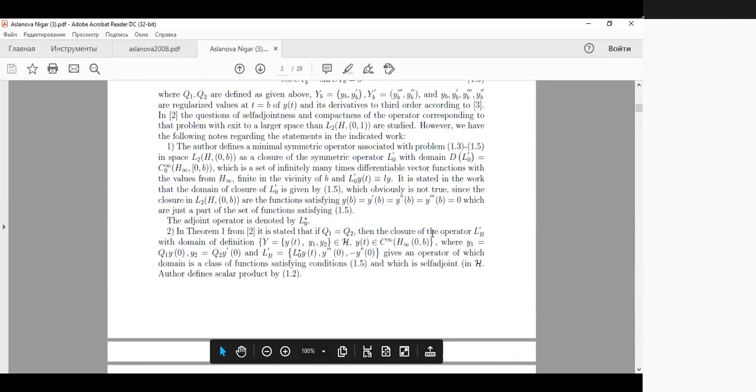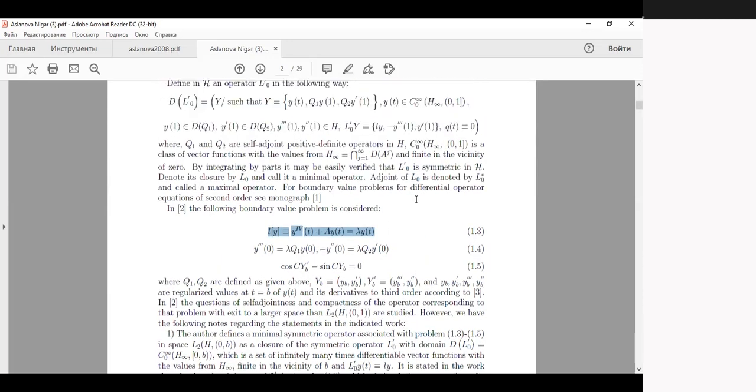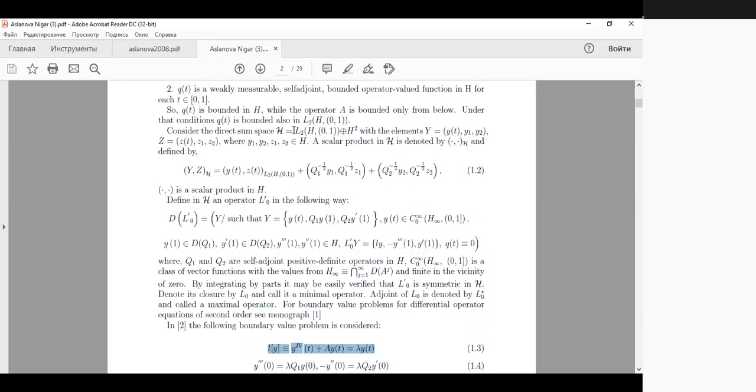And I have to tell you that if you consider that differential operator, even in order 2n but without lambda-dependent boundary conditions, it was started by Gorbachev and Kochubey in their joint work. But they considered the problems in the previous space, in L2, without an exit space, without considering that bigger space.